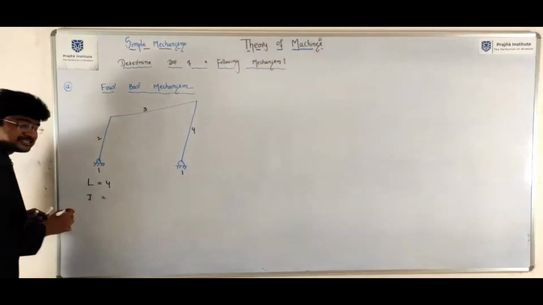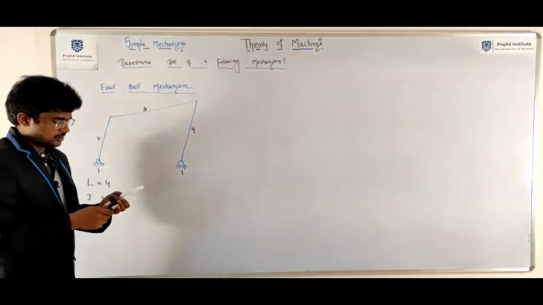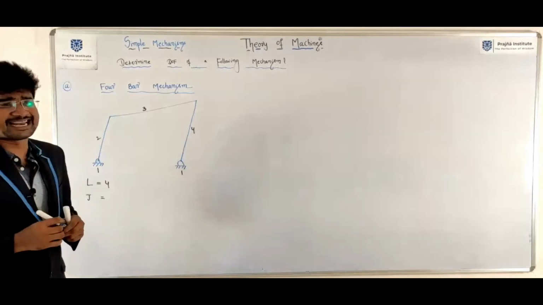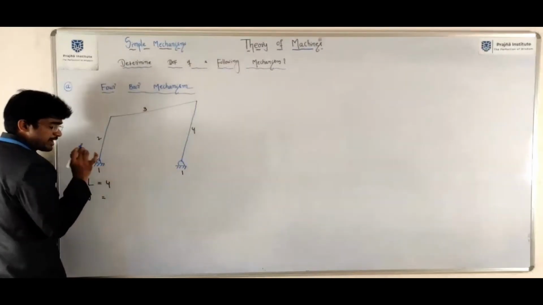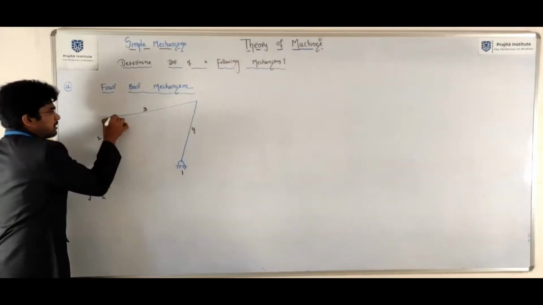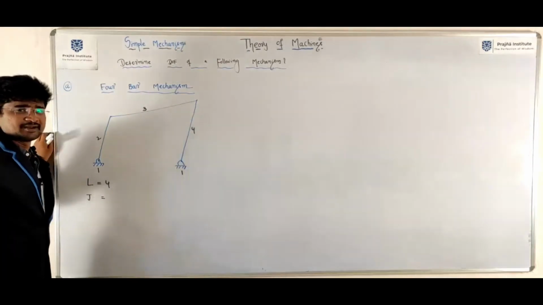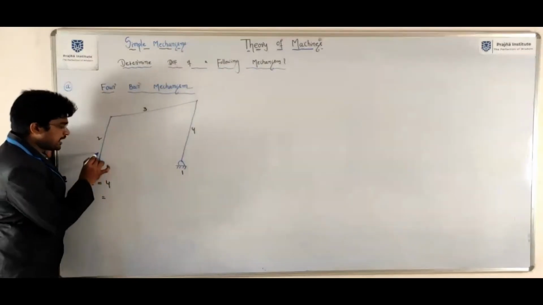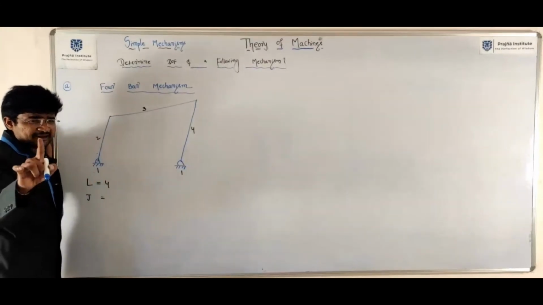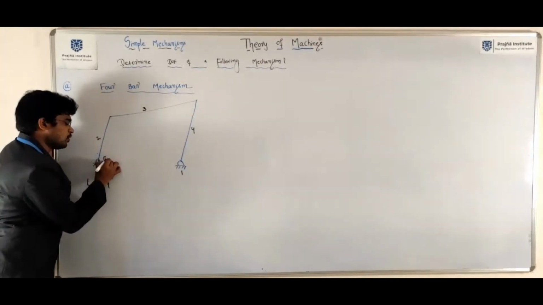Binary joints means lower pairs. We need to count the lower pairs like this. Don't count the number of joints like this, that is the worst way of solving the problem. Between 1 and 2, turning pair, which means one lower pair.